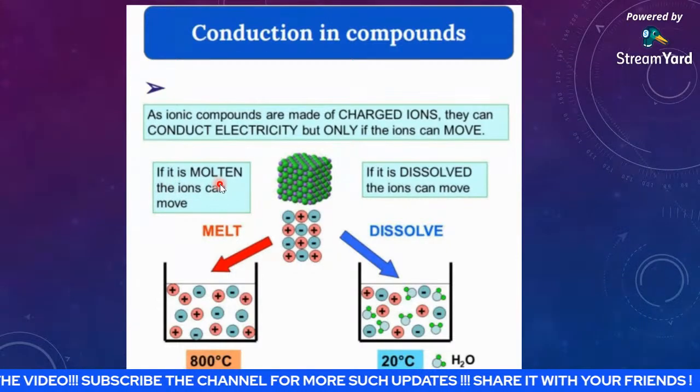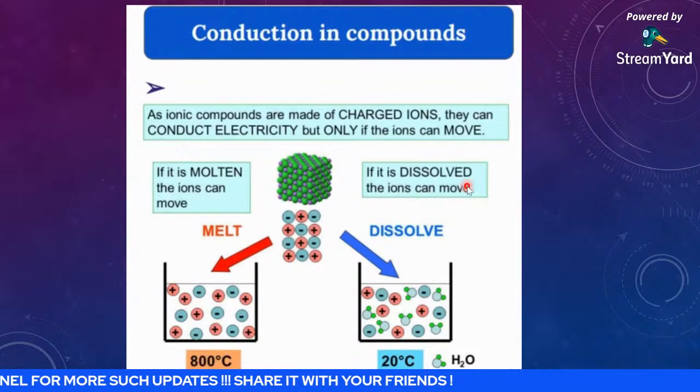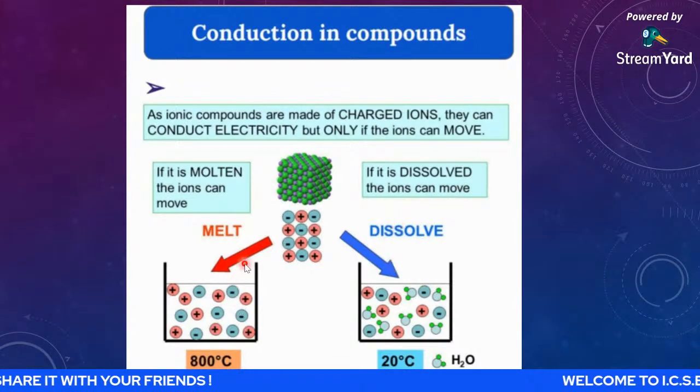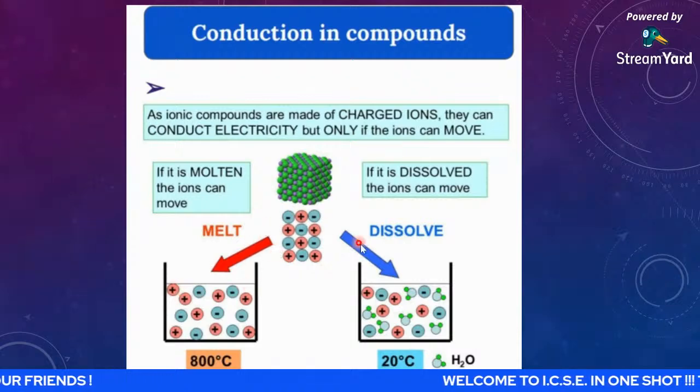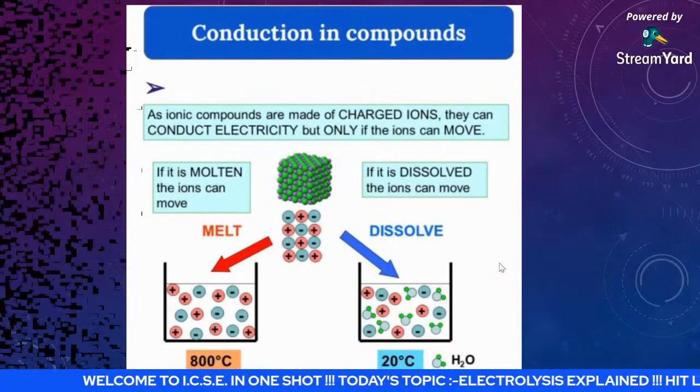If in the molten state, the ions may move. And if it is in the dissolved state, ions can still move. So you can either melt the electrolyte or dissolve it in an aqueous solution. These are the two ways you can break down the electrolyte. Thus it shows conduction.